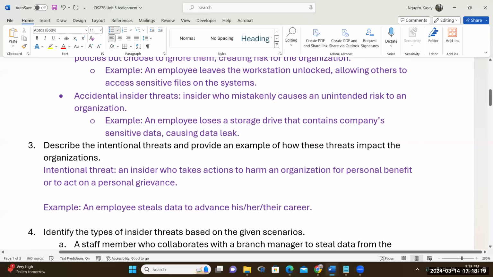Question 3 asks you to describe intentional threats and give an example of how these threats impact the organization. Intentional threats are insiders who take action to cause harm to the organization for personal benefit or for personal grievance.